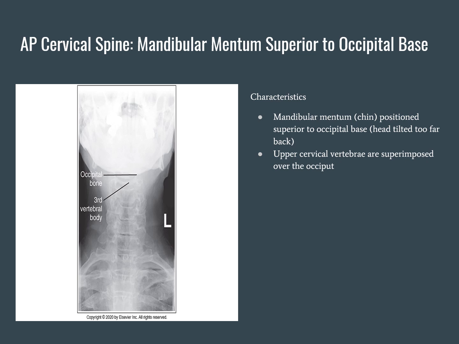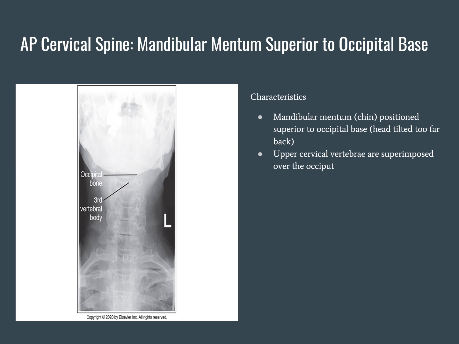Mispositioning of the occiput and the mentum results in a projection demonstrating an obstructed upper cervical vertebra. If the mandibular mentum is positioned superior to the occipital base, meaning the head's tilted too far backwards, the upper cervical vertebra are superimposed over the occiput, as demonstrated in this image.